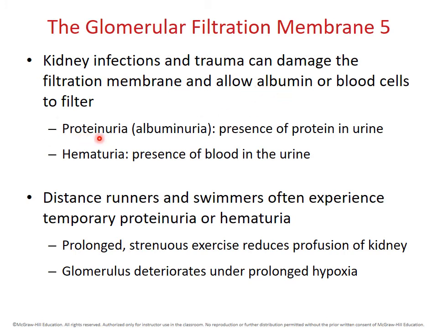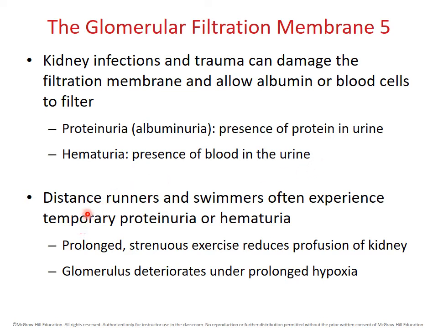So proteinuria or albuminuria is a name we give to the presence of protein in the urine, which is not normal. And hematuria is the name we use for the presence of blood, or blood cells specifically, in the urine, and that also is not normal.